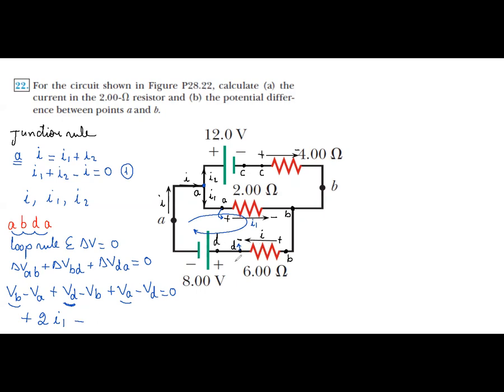The voltage at the resistance equals R times I; here we have I. Now we go from D to A. We look at the voltage at A. A is at the negative side, so we put minus. The voltage here equals 8. So this is the second relation between I1 and I.